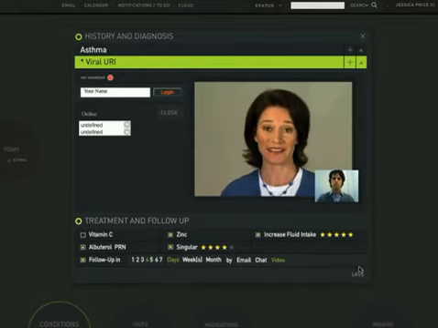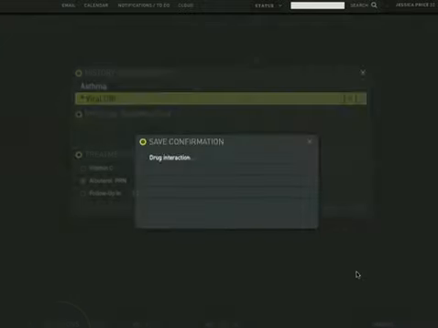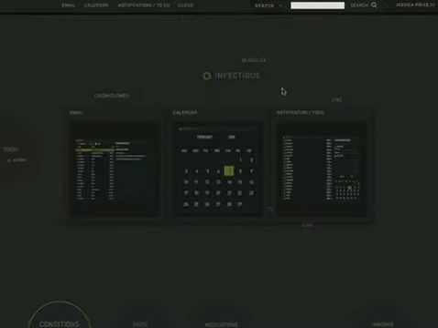So all I do after I'm done talking with Jessica is click Save, and it checks for drug interactions, it checks for allergies, it checks for the proper dosage, and whether or not there's any duplicated therapy. It didn't find any problems, so I said okay, and it takes me back to the main screen.